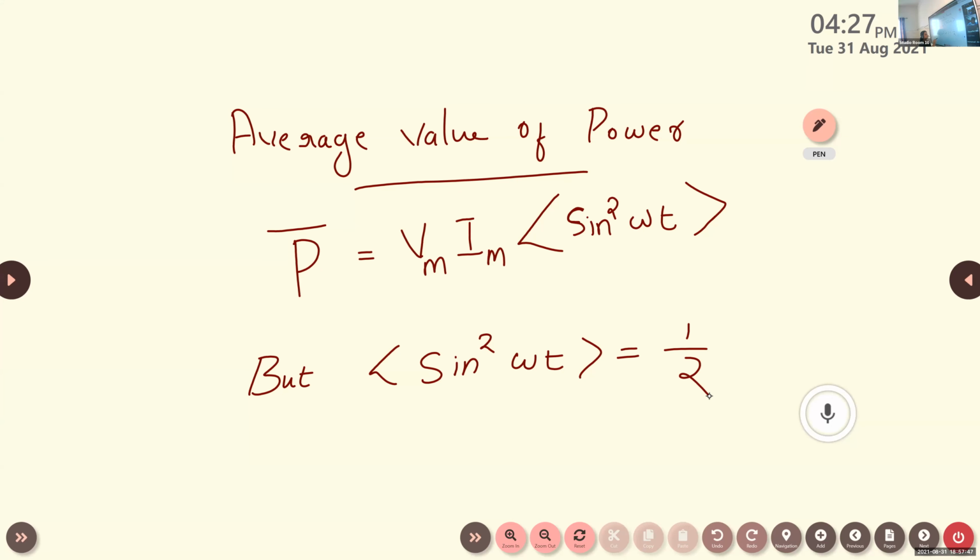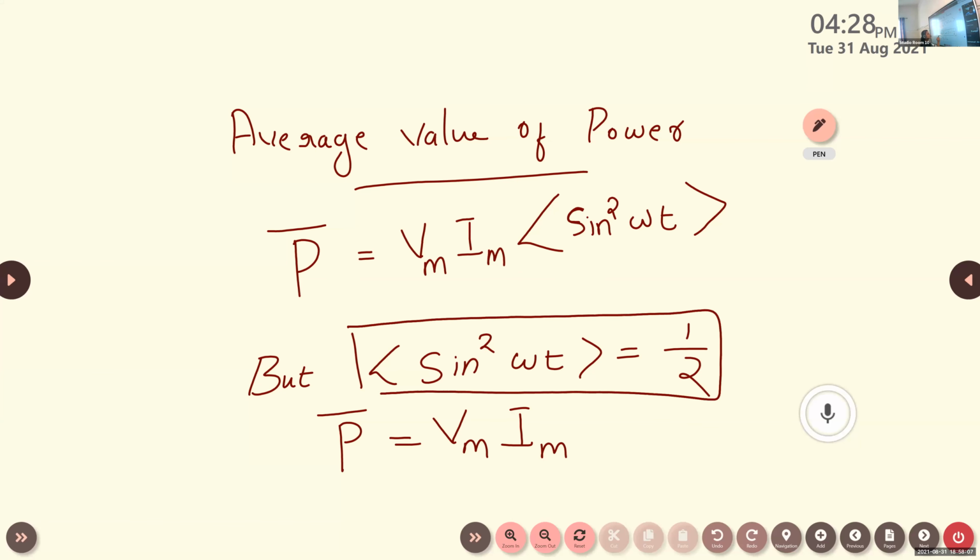Then our equation becomes P bar is equal to Vm into Im into half. You must note this point: the value of the average of sine square omega t is equal to half. So we can substitute this value here, and the equation becomes P bar is equal to Vm Im into half, or Vm Im divided by 2.